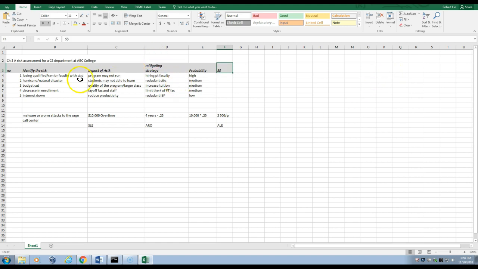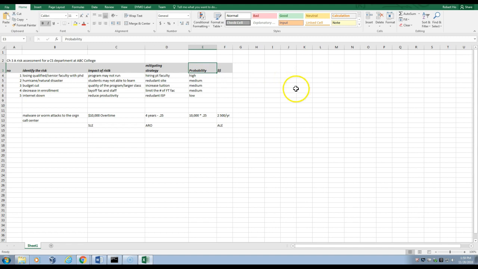So remember, you need to identify the risk, evaluate the impact of each risk, and define ways to mitigate each of these items. If it's possible, you can calculate the total cost of each risk. And what is the probability of the risk happening?